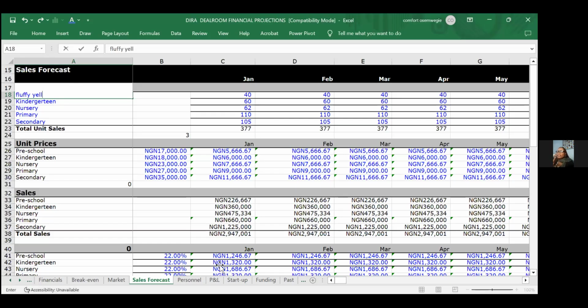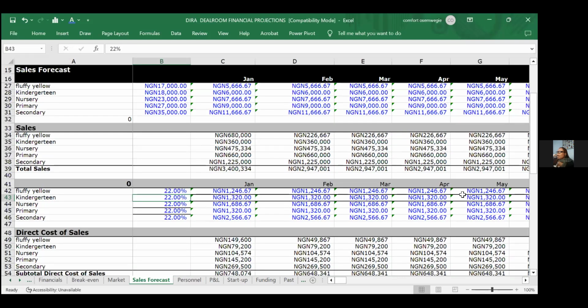By the way, on this particular sheet, there's an error here. On the sheet, columns 42, 43, 44, 45 are supposed to be black because this is a computed sheet. I think we had that same error and I didn't correct it for cohort 1. If you do anything here, it's going to affect the results.